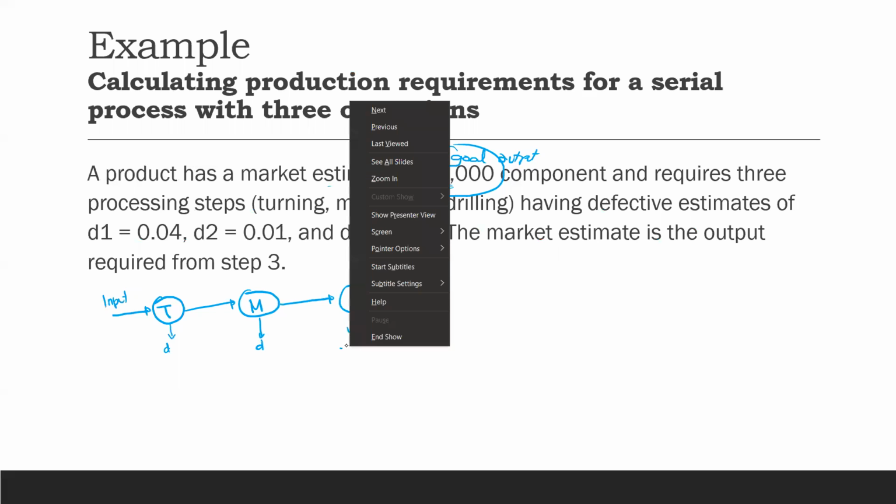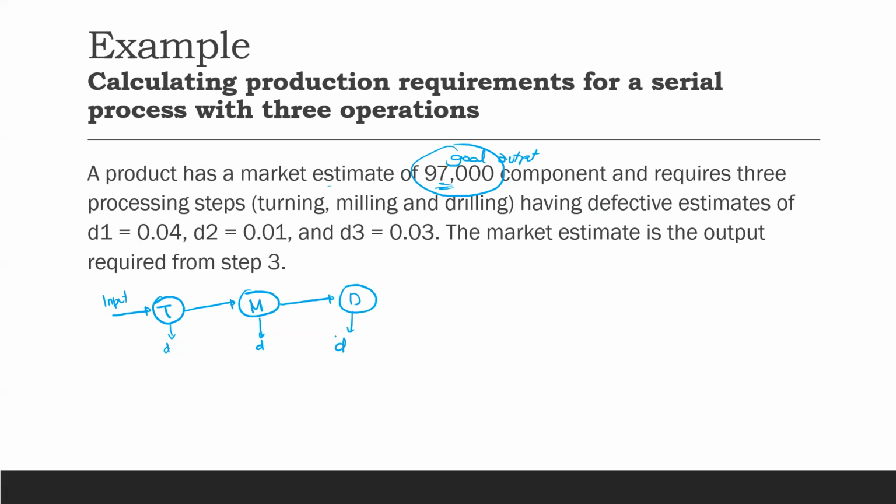Meron ulit ditong defective. And then, syempre, kailangan mo dito ng 97,000. So, ilagay lang ulit natin yung mga percentages or defective allowances. Ngayon, I need to produce 97,000. Gaano kaya karami yung input natin?